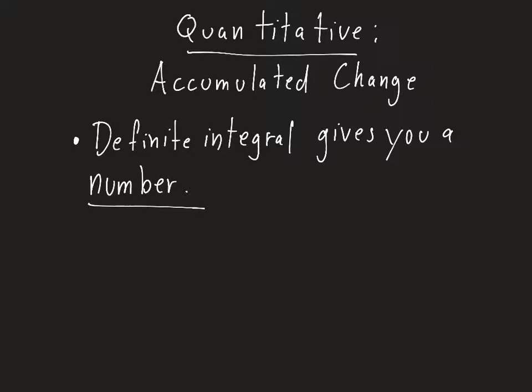So this is a little bit different than what we're used to when it comes to, say, derivatives. When we take derivatives, we get functions, right? So definite integrals don't give you functions. They're just going to give you a number.